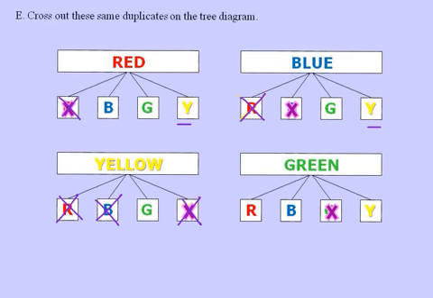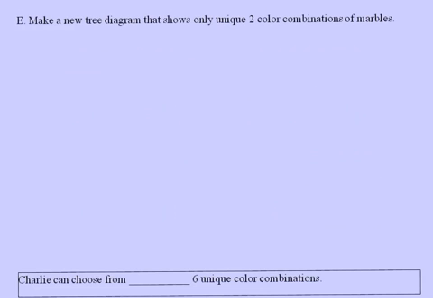And over here in the green, if you notice on your chart, everything is crossed out because it's already repeated back in there. So as you can see, it gets a little bit smaller when we're not repeating numbers or colors. So here it asks you to draw a new tree diagram that shows only the two unique colors. So we have a red, and with red we can have blue, yellow, and green.